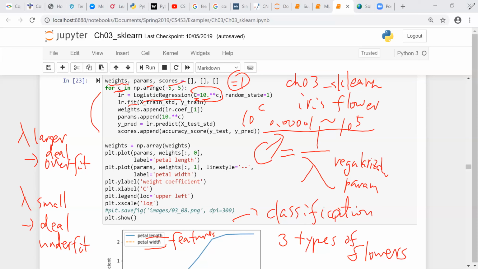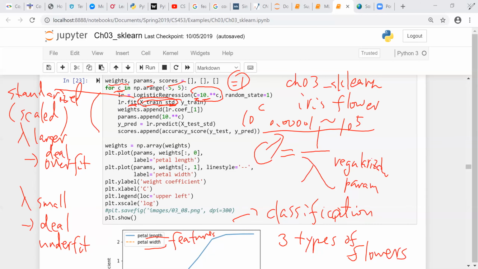And then we do fit. Be careful here, this model is already standardized, so it's already scaled. Scaling data also plays a very important role in machine learning.